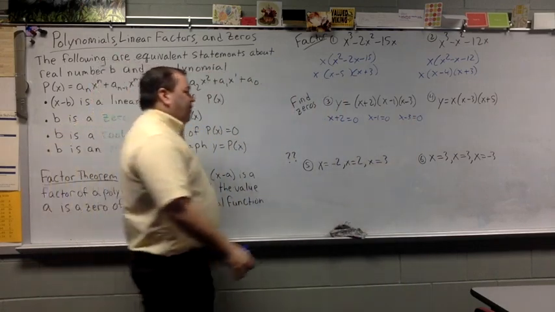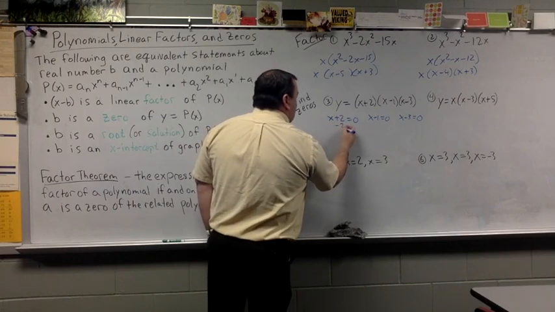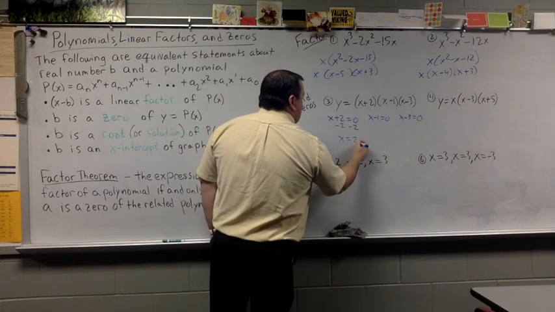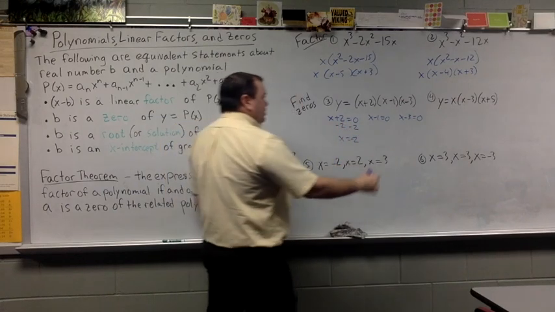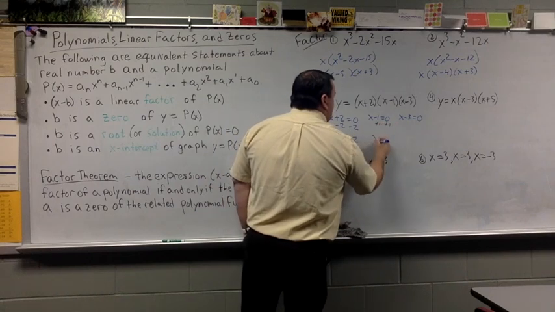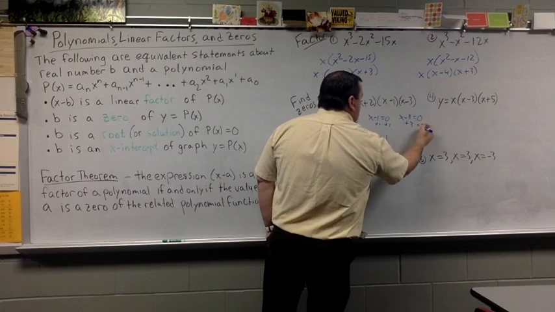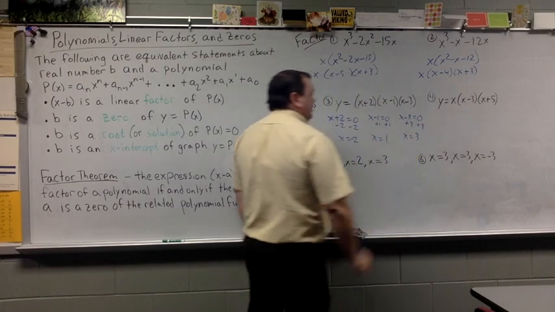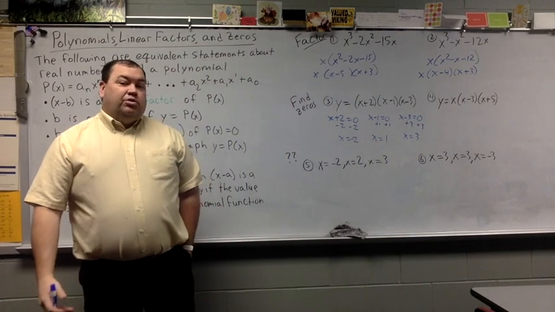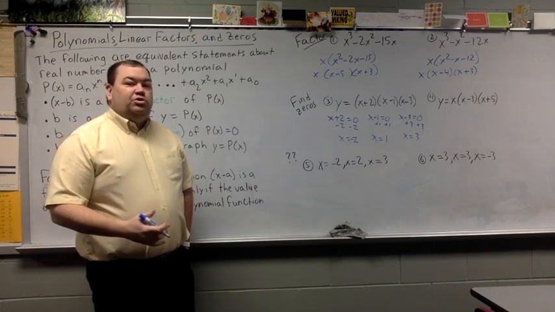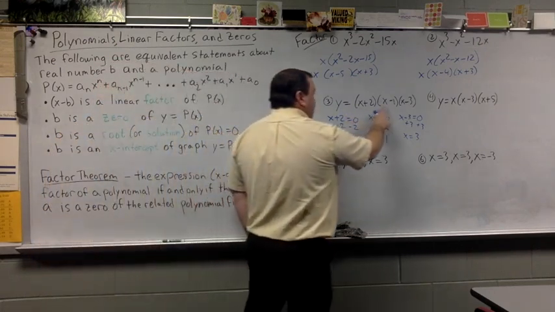So I can actually find solutions or answers or roots. Looks like -2 is a 0. 1 is a 0. And 3 is a 0. So this had 3 zeros, 3 answers, 3 solutions, because it had the 3 factors.